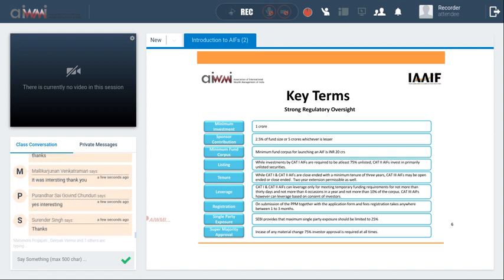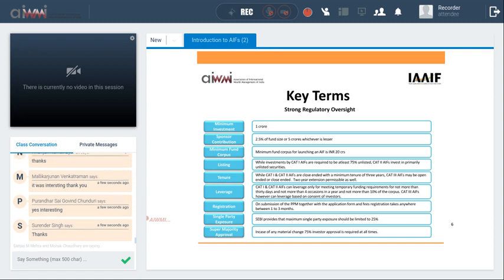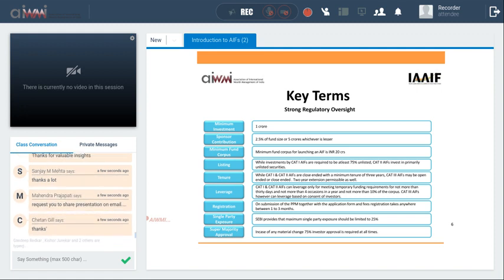And as always, Google will have a lot of information, even on a restricted basis, relating to AIFs. So do check out the few documents relating to AIFs, and look at the presentation for a lot more information. And that's it from my end.